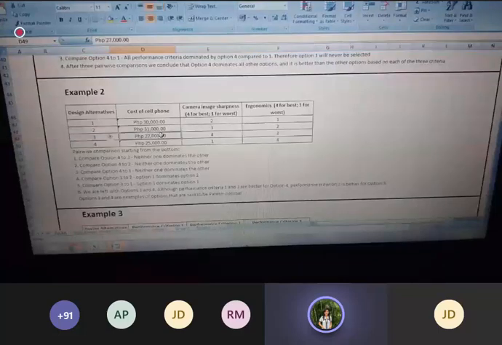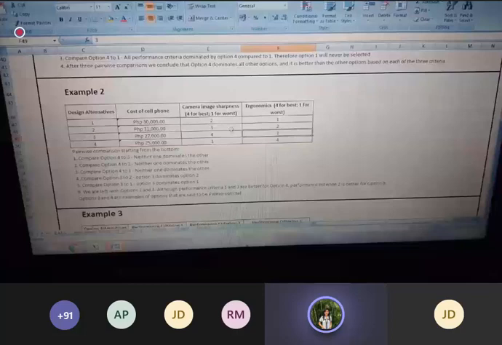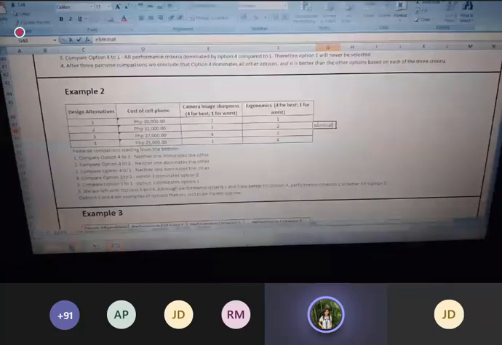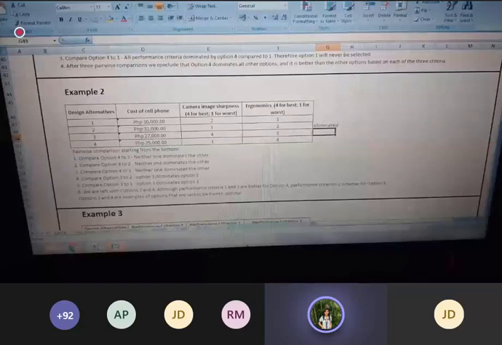For the camera image, option 3 is better again. For ergonomics, option 3 is better again. So design alternative 2 would be eliminated from our Pareto optimal set, because all of the criteria are dominated by option 3.